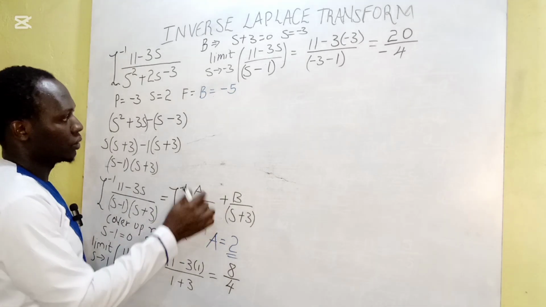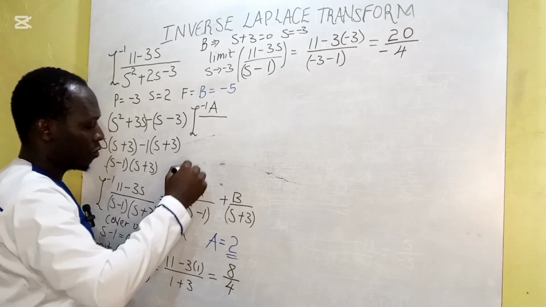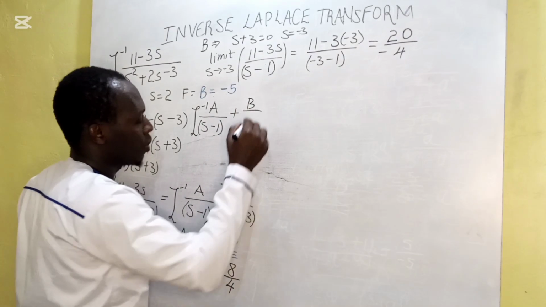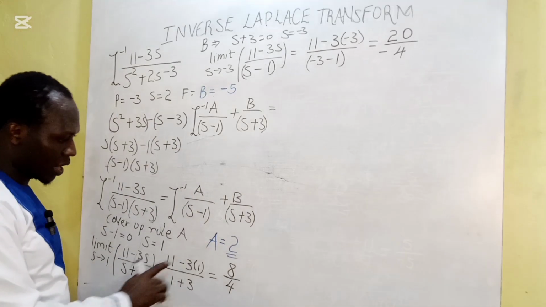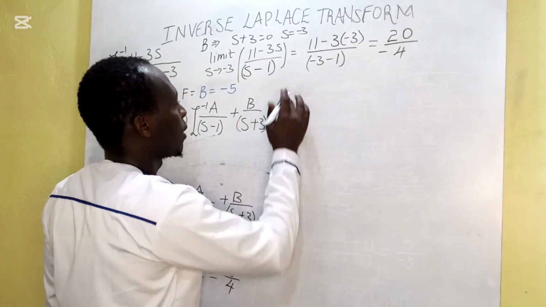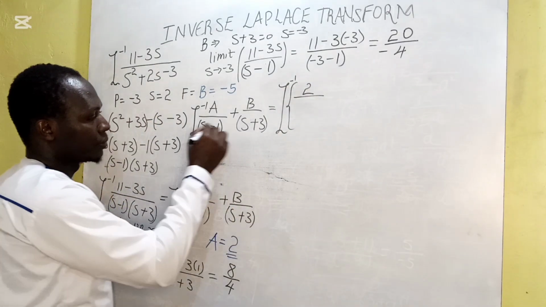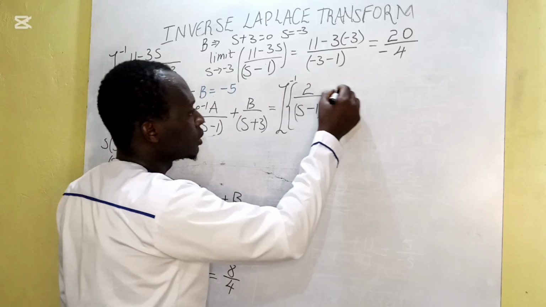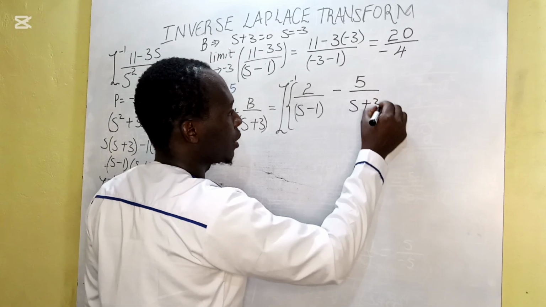Let us get back now to this point, whereby we say that it is the inverse Laplace transform of A all over s minus 1, plus B all over s plus 3, which is equal to, the value of A is equal to 2, all over s minus 1, minus 5 all over s plus 3.